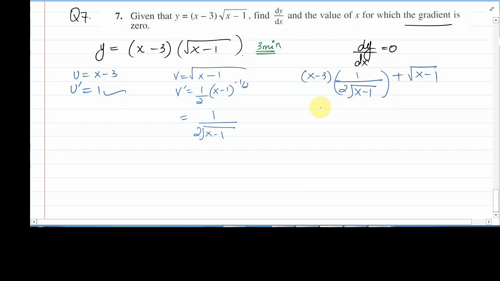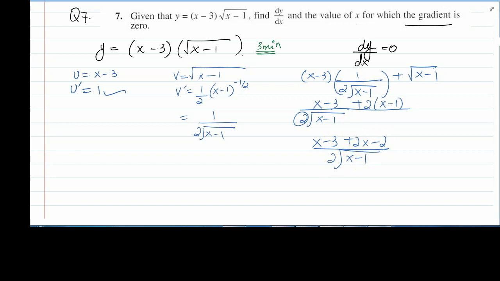Now we need to take LCM here, so it's x minus 3 divided by 2 under root x minus 1 plus root x minus 1, root x minus 1 times root x minus 1 will be x minus 1, and you need to multiply with that 2 here. Now it will be x minus 3 plus 2x minus 2 divided by 2 under root x minus 1.